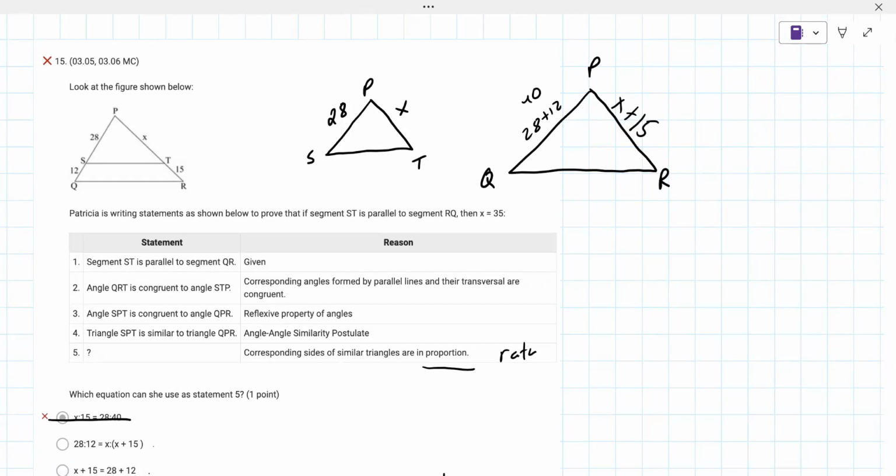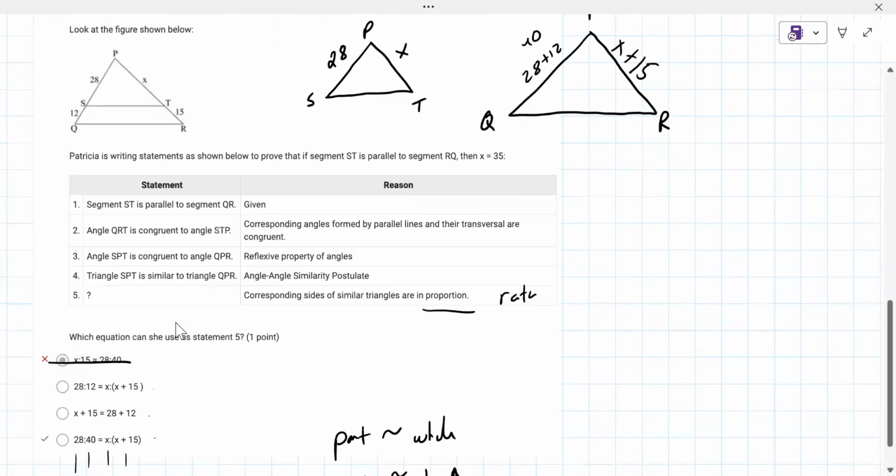Yeah, now I kind of get how they got that answer. The first one says x is to 15, and then 28 to 40. That's correct still, but the x to 15, that's the part that's wrong. That's supposed to be x to x plus 15.